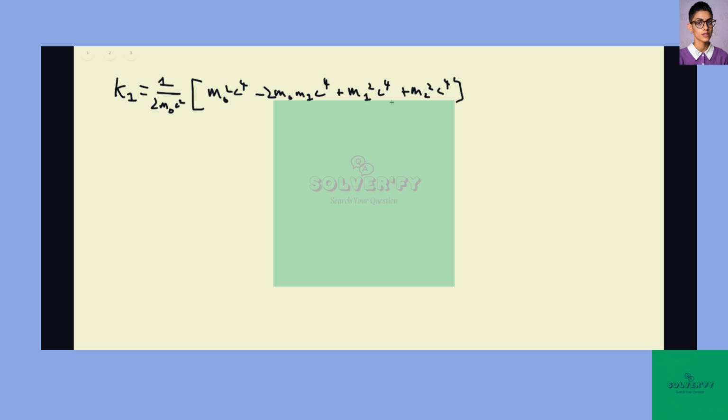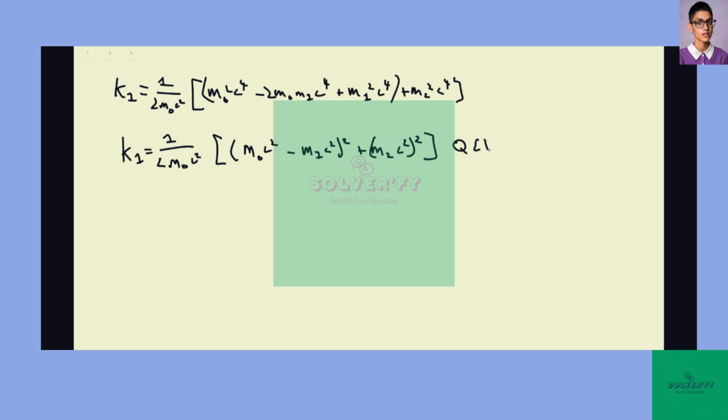Okay, so like I said, you can factor that. So K1 is equal to 1 over 2 M0 C squared times M0 C squared minus M1 C squared, squared, plus M2 C squared, squared. QED, meaning we have set out to prove what we wanted to prove.